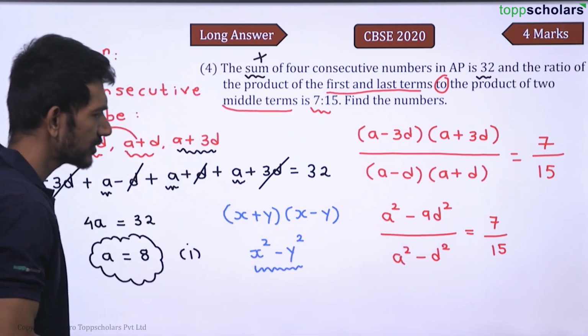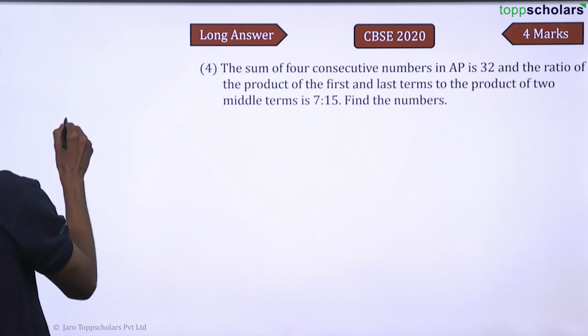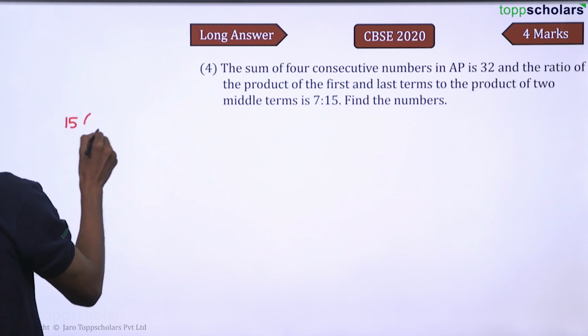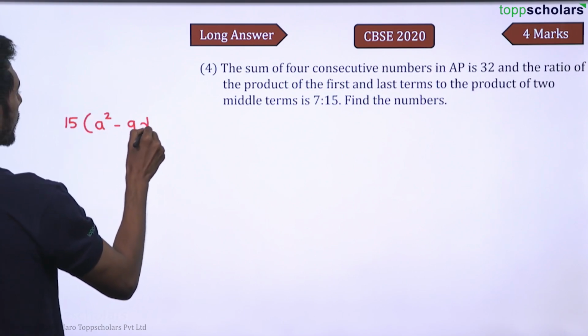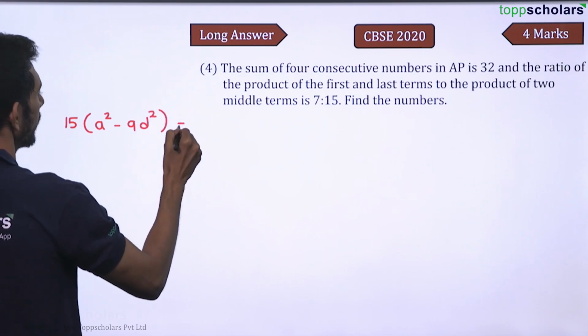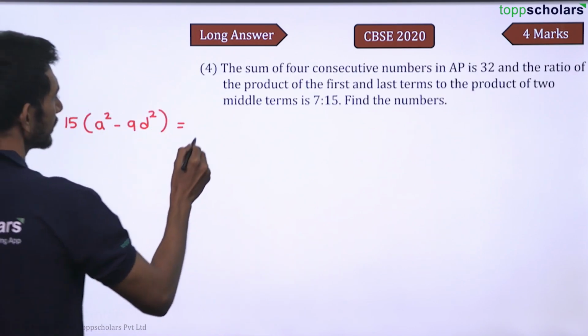Now you can cross multiply this. Let us take the second page. So 15 goes on the other side. So can I say I get 15 into a square minus 9d square is equal to 7 into a square minus d square.